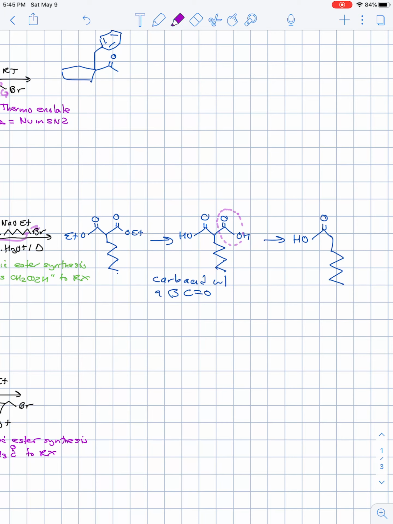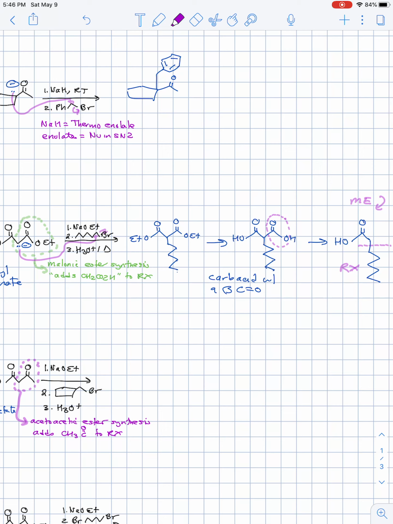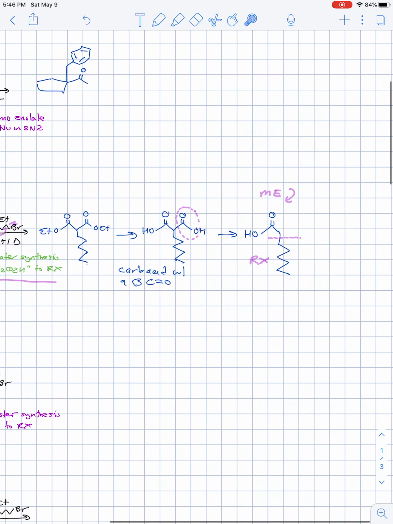And so what's happened is the new bond that we made initially was here. So this is the piece that came from the alkyl halide, and this is the piece that came from the malonic ester. And so what this synthesis does is it adds CH2CO2H to whatever your alkyl halide is.